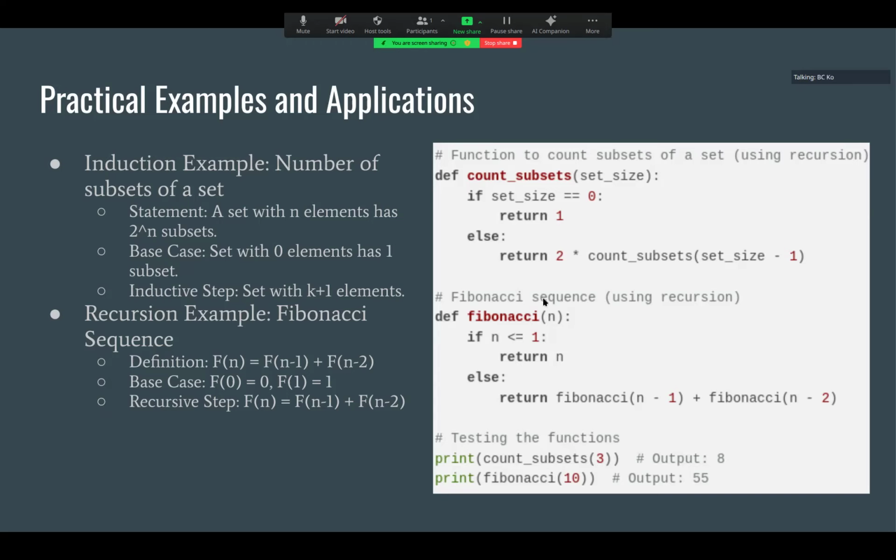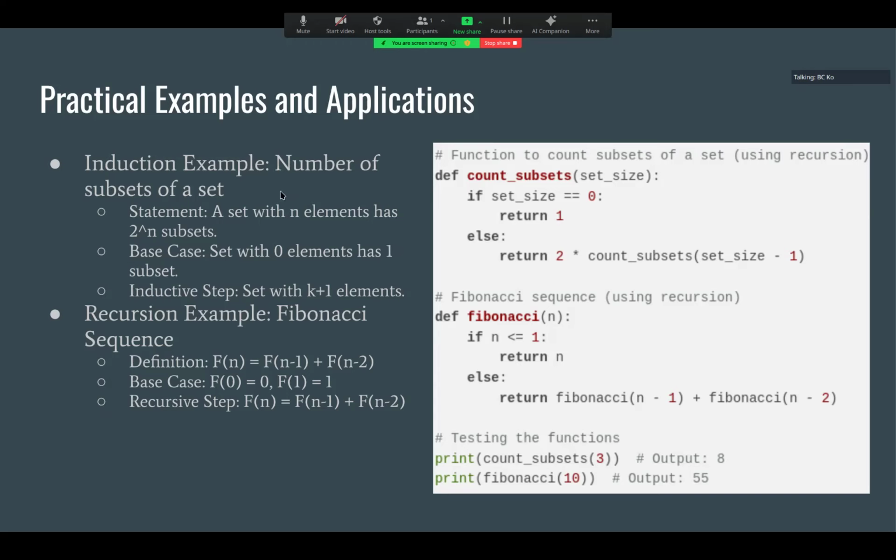For the inductive step, we assume a set with k elements has 2 to the k subsets. Then a set with k plus 1 elements has double the number of subsets, because each subset either includes or excludes the k plus 1th element, resulting in 2 to the k plus 1 subsets.